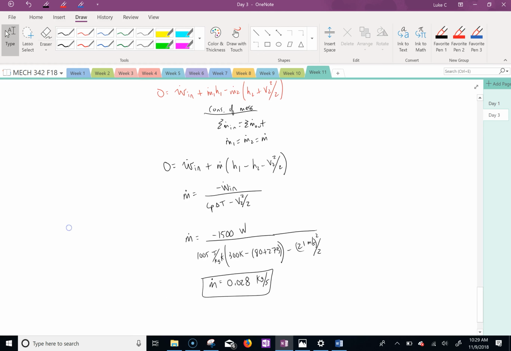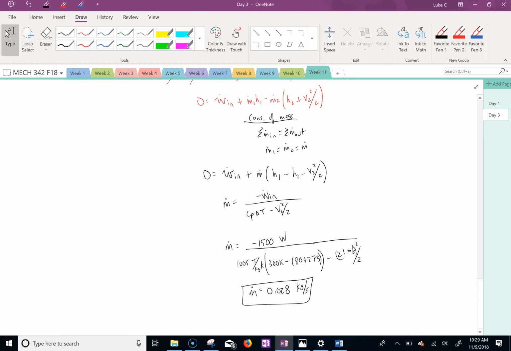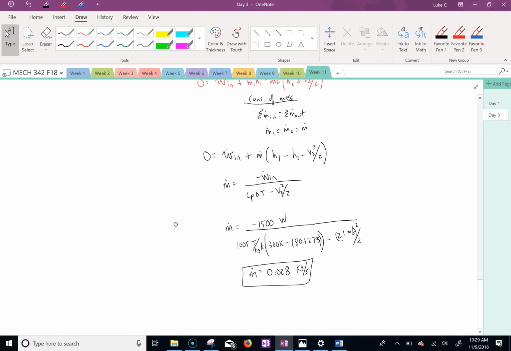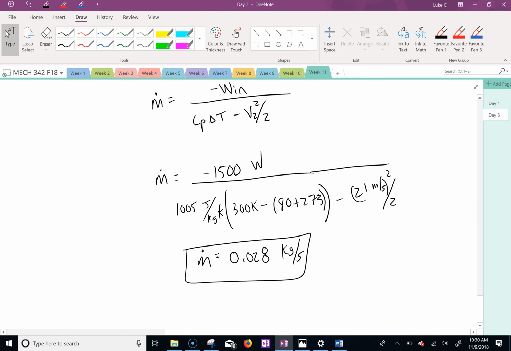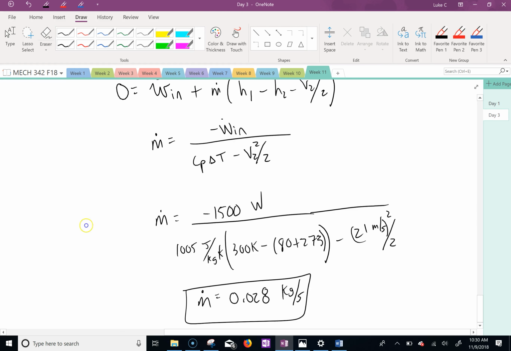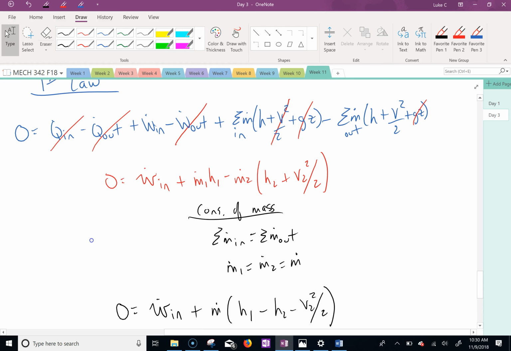Now, if you think about it, what did we assume velocity 1 was? 0. So another value that would be acceptable is if you just got rid of that one, right?